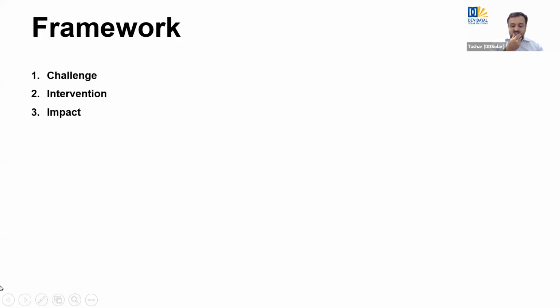So, the framework we use is, what is the challenge? What is the problem? What's the intervention? In our case, solar refrigeration or cold chain related intervention, and what's the impact?